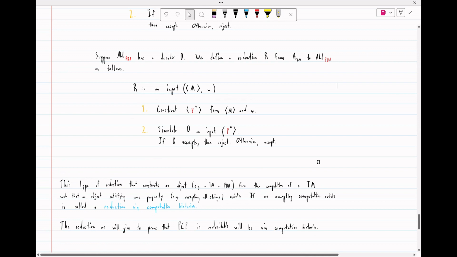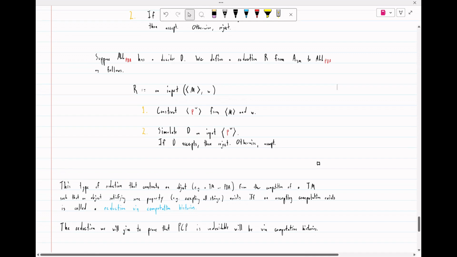So this type of reduction that constructs some object, say a Turing machine or a PDA, as we saw, from the computation of a Turing machine, such that one of those objects satisfies some property, such as accepting all strings, if and only if an accepting computation exists, this technique that we just showed, this is called a reduction via computation histories.